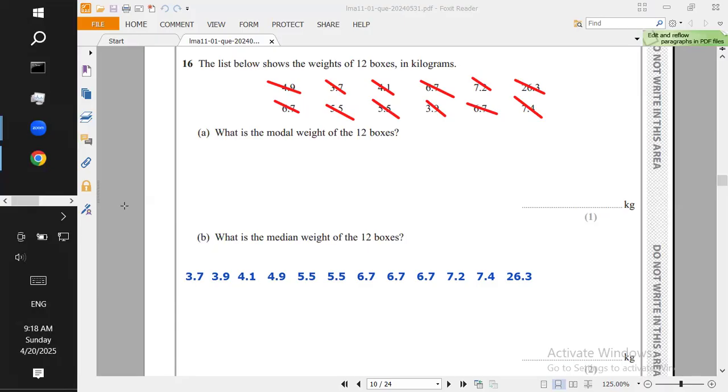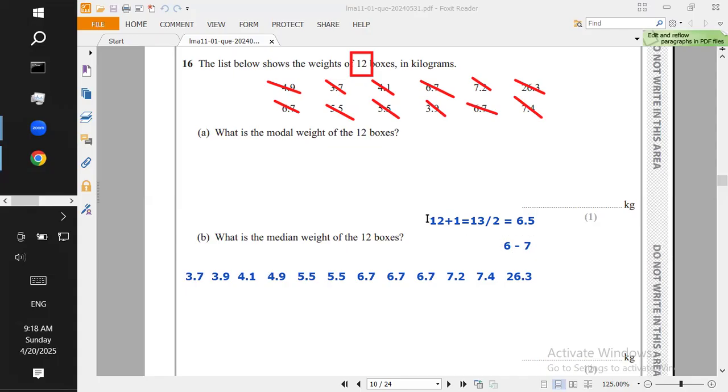The first step is taking the number of data, which is 12, and adding 1 to it. So 12 plus 1 will equal 13. And then the median is the number in the middle. So you can divide the 13 by 2, and you will get 6.5. 6.5 means the number is in the middle between the 6th and the 7th number.